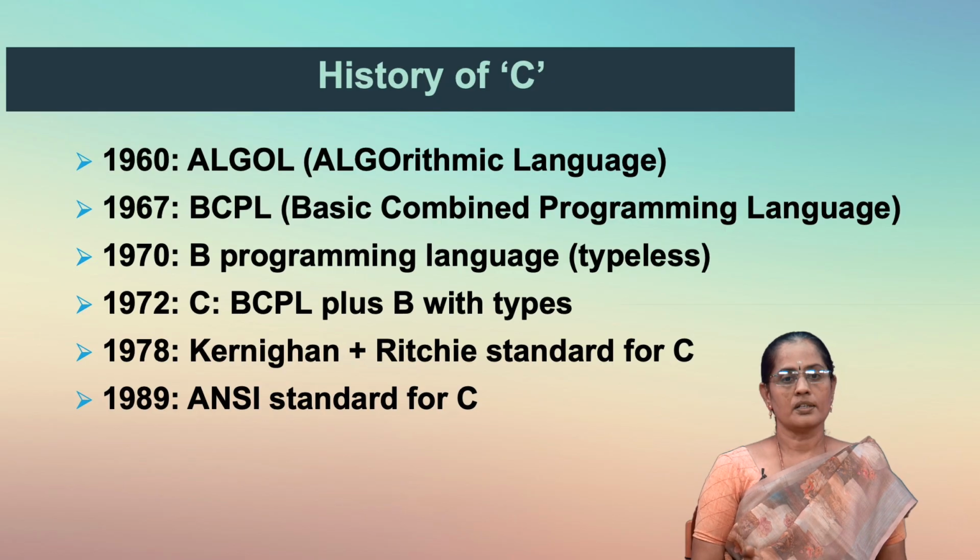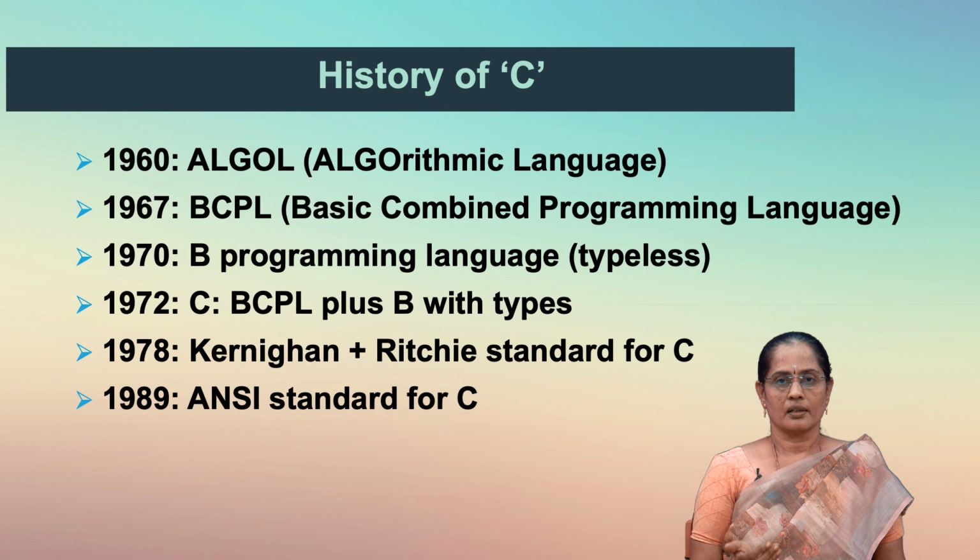But that distinction was not given by the B programming language, so it was not able to handle different types of data. So, then in 1972, C was introduced as a combination of BCPL plus the data types of B.